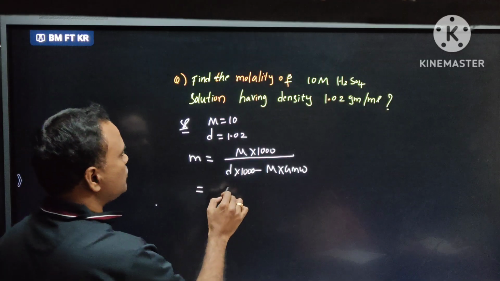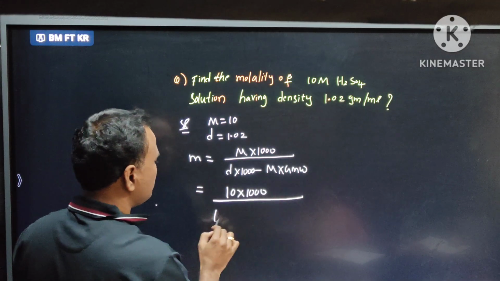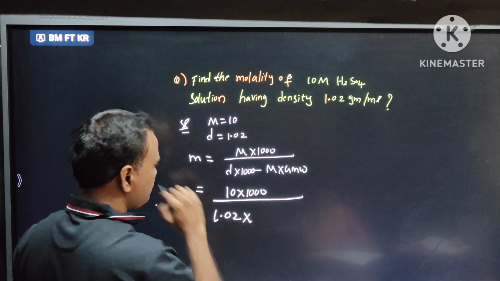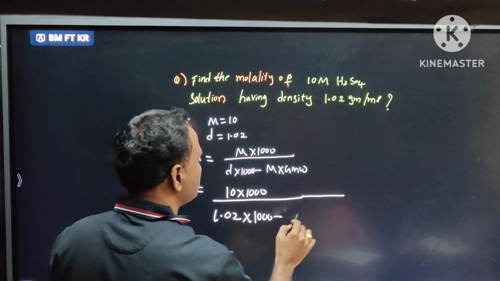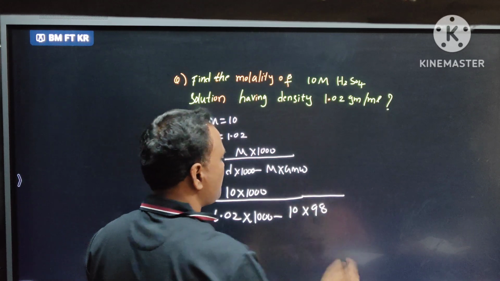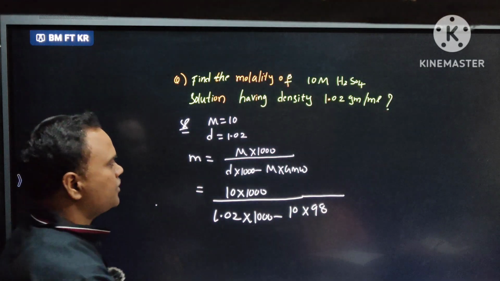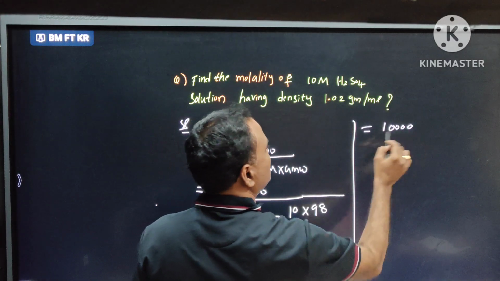Write the data. Molarity 10 into 1000 divided by density 1.02 into 1000 minus molarity 10 into gram molecular weight of sulfuric acid, which is 98. In the numerator 10,000.